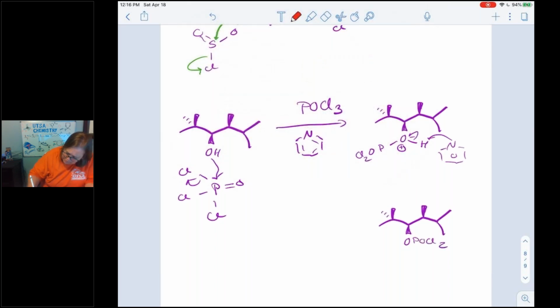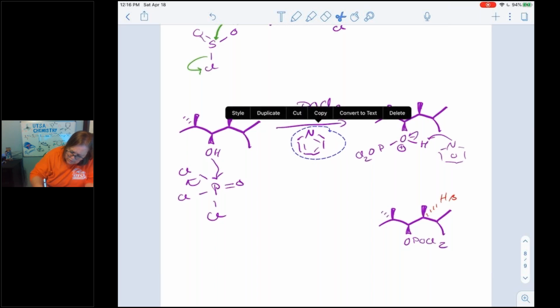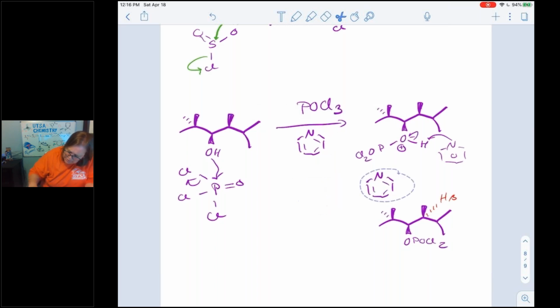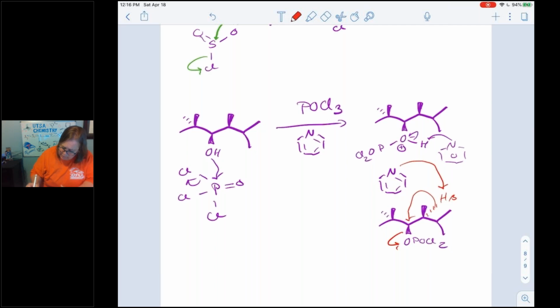Pyridine is also going to do double duty. It's also going to do beta hydrogen elimination. It's going to come over here, eliminate this beta proton, form the pi bond here, and kick off this leaving group.